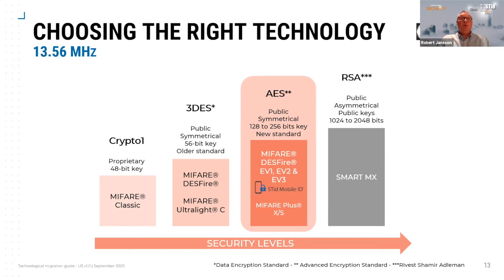The Crypto1 algorithm that you see to the left there got hacked in December 2007. Still today, I see specifiers specifying MIFARE Classic being the predominant technology for governments in various countries. And this is absolutely crazy.